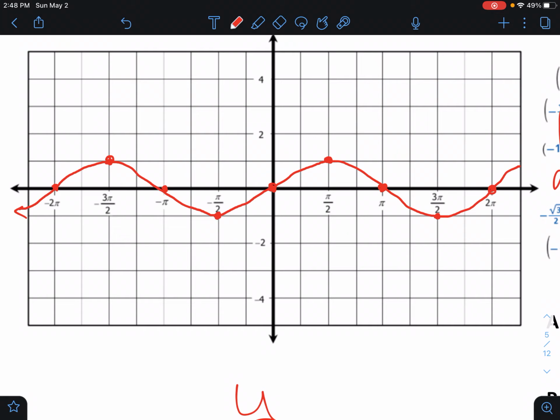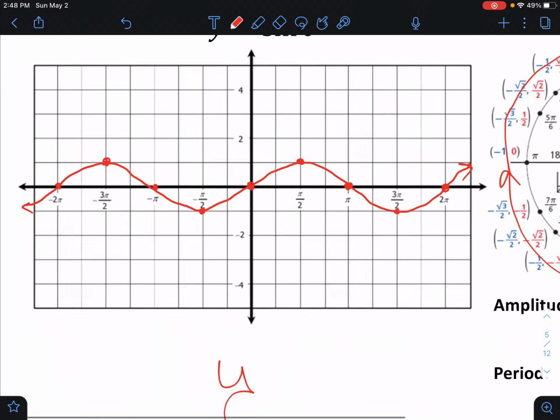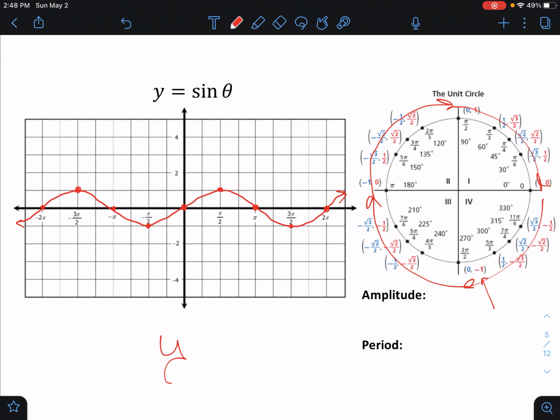Okay, now I'm going to put arrows because this just continues to repeat. So this is what sine looks like.